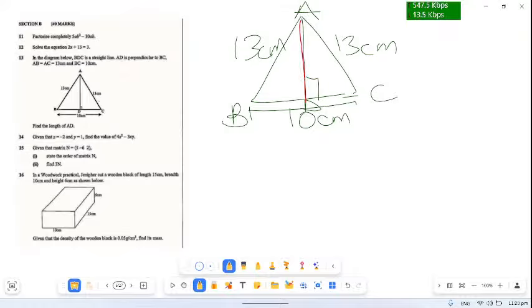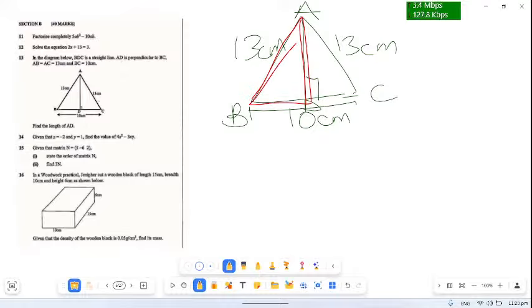We need to find the height of the triangle. So how do you find the height of the triangle? To find the height of the triangle, we are going to use Pythagoras theorem. So we're going to identify the hypotenuse. So this is the hypotenuse. We're going to get one triangle, the one I've put in already. That's the one we're going to use.